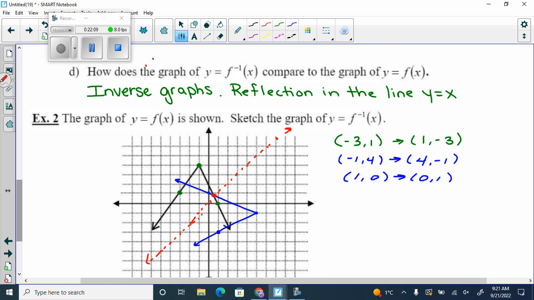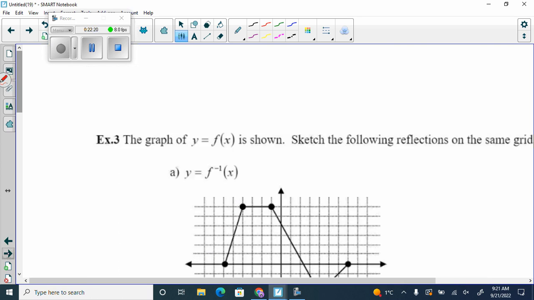So you don't actually have to find the new graph to find the invariant point, right? You could just take the original intersecting with the line y equals x and find the invariant point. You wouldn't even need the new one. Okay.